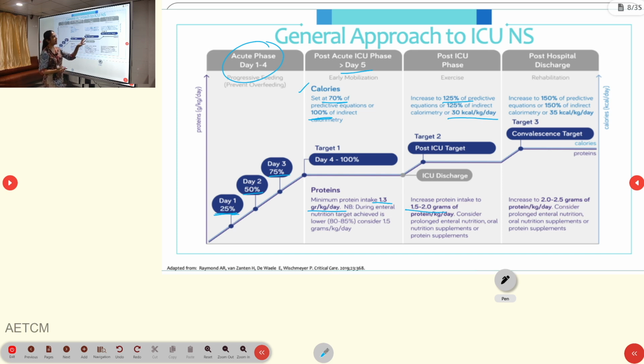And after the post ICU phase and after discharge, we will be increasing the feeds to 150% of the predictive one, and the calories will be increased to 35 kilocalories per kg per day, and the protein will be increased to 2 to 2.5 grams of protein per kg per day. So that is how we increase the nutrient supply to the patient.